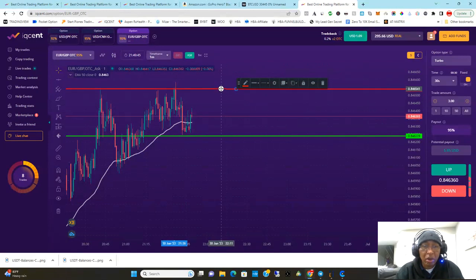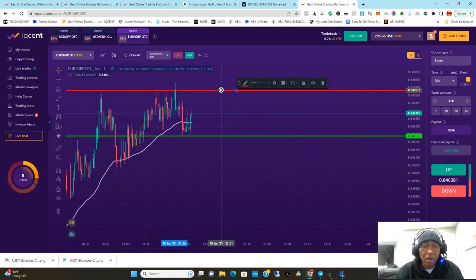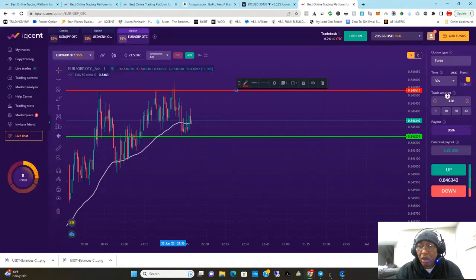Okay, that's another point of interest right there. So if this goes above, see that's above the EMA 50 and it comes up here, when it touches that, you're going to push down for 30 seconds and you use only 1% of your account total. That is proper risk management, so you don't blow your account.